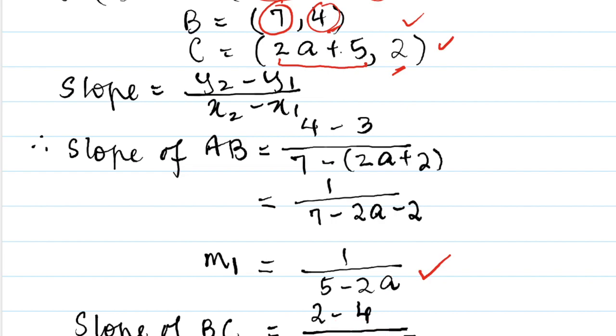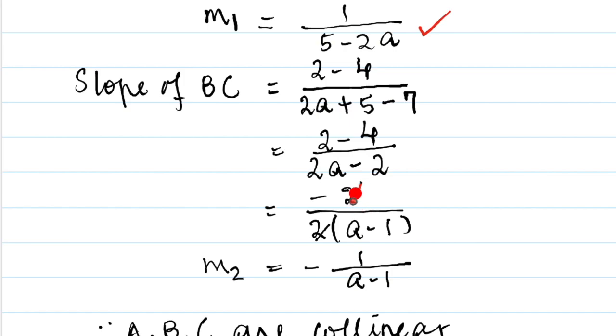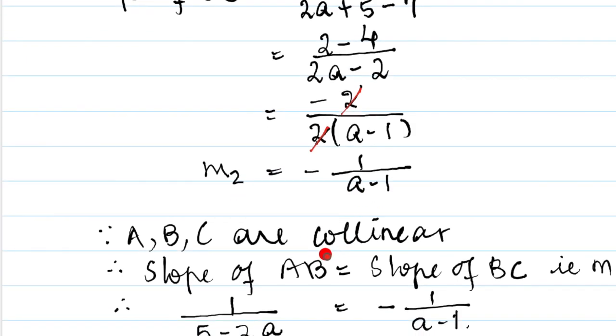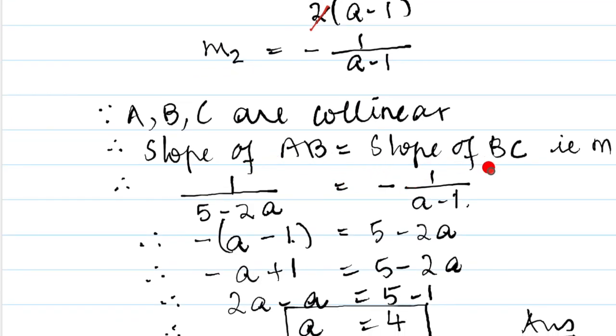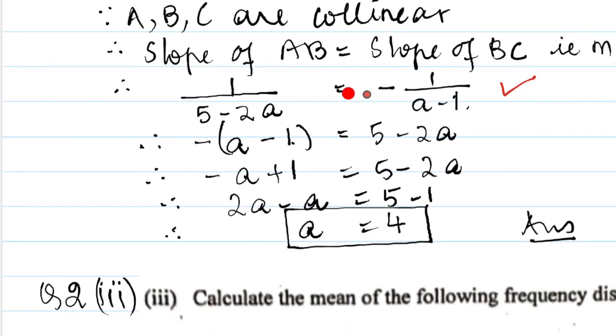So I have written exactly the same way. 2 minus 4 gives us minus 2, and in the denominator it is 2a minus 2. I have taken out 2 common and cancelled this 2 so that it becomes minus 1 upon a minus 1. We'll call that m2. Now if A, B, C are collinear, then the slope of AB and slope of BC will be equal. So we will have this showing the two slopes equal, and when you simplify, you will get a equal to 4, and that's our answer.